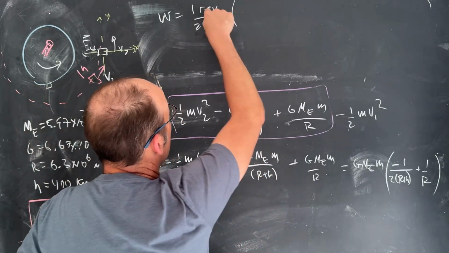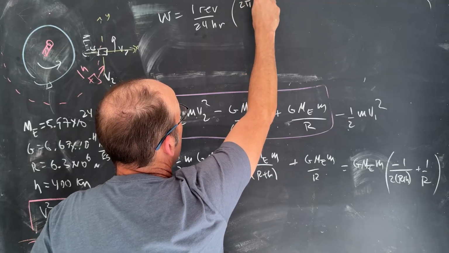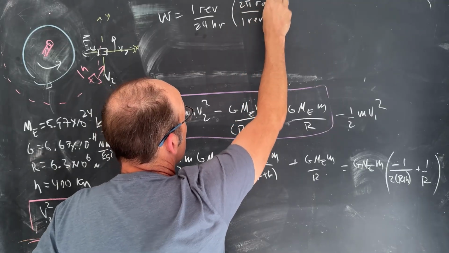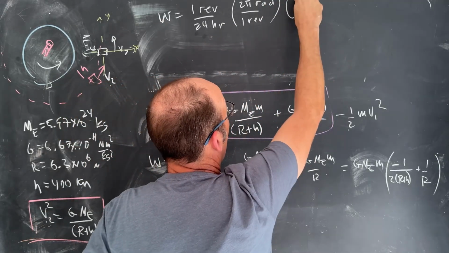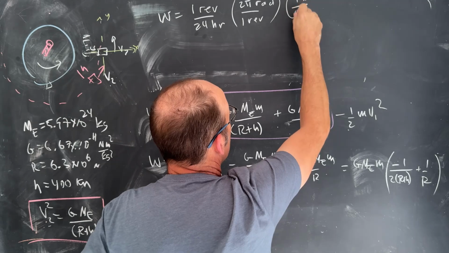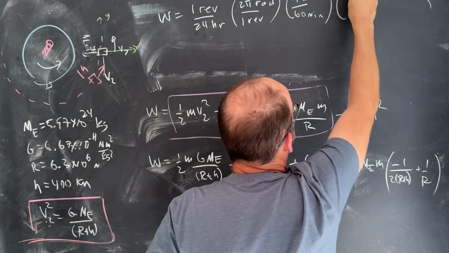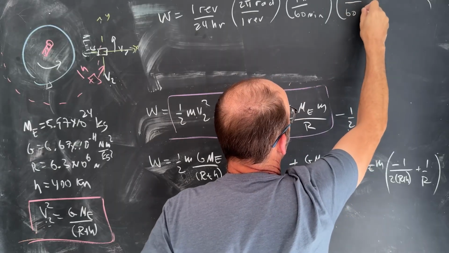So let's first convert revolutions into radians. I have 2 pi radians is 1 revolution. And then I need to convert hours into seconds. So I know 1 hour is 60 minutes, and 1 minute is 60 seconds.